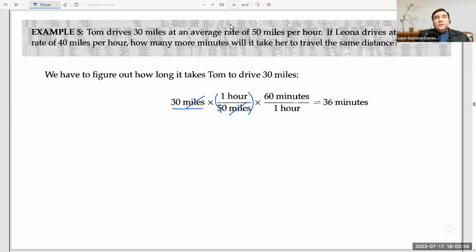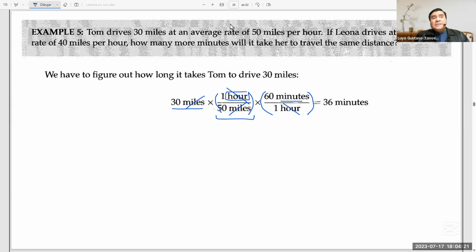So once you figure this out, then you need to convert, because this first multiplication will yield hours for you. Now, you want this in minutes. So multiply by a factor that turns the number of hours into minutes: 60 minutes divided by 1 hour. Why? Because I want hours to cancel with hours. So minutes are left.